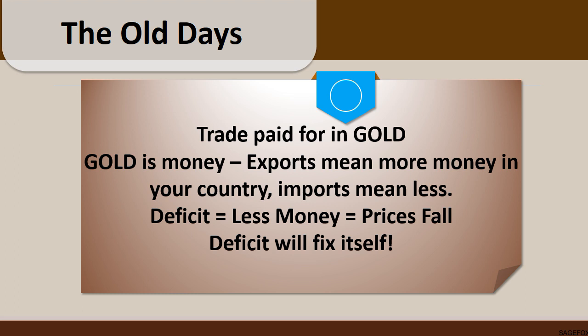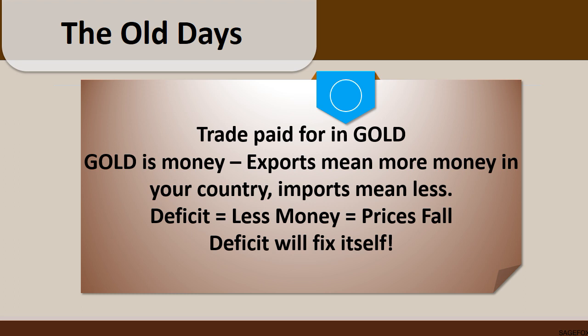Now I'm a British consumer. Prices of domestic goods are going down. Prices of those French goods are going up. All of a sudden, I'm less likely to buy from France and more likely to buy here at home from England.